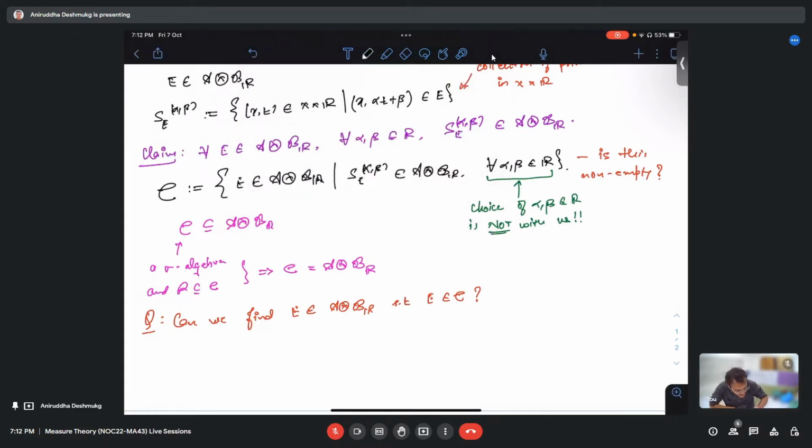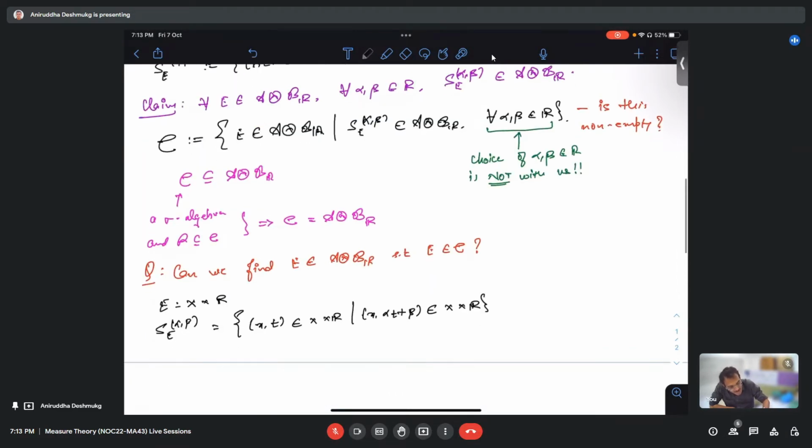So to see that, let us consider E as X cross R. So what is S E alpha beta? Look at all those (x, t) in X cross R such that (x, alpha t plus beta) is again inside X cross R, right? Because this is our E now.